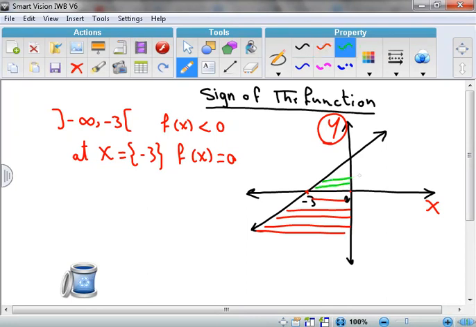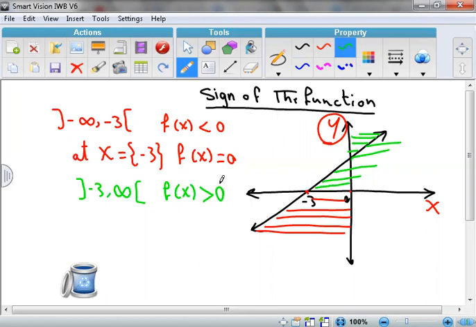This bar of the function is positive, like you see. Then after negative 3, up to infinity, we say f of x is greater than 0. Understand?